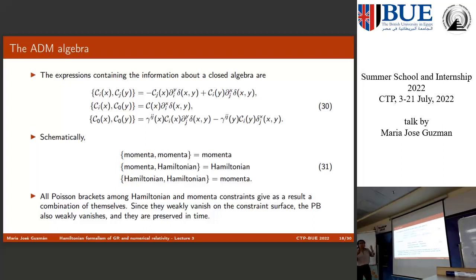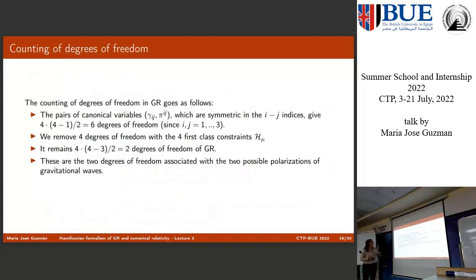So all the constraints I found are preserved in time, and I count degrees of freedom. The degrees of freedom are counted from the pairs of canonical variables gamma and pi, which are symmetric, therefore they propagate 6 degrees of freedom. I remove 4 degrees of freedom from the 4 first class constraints, here should be C mu.